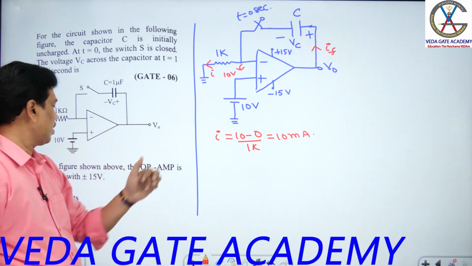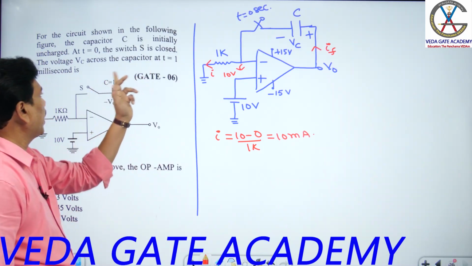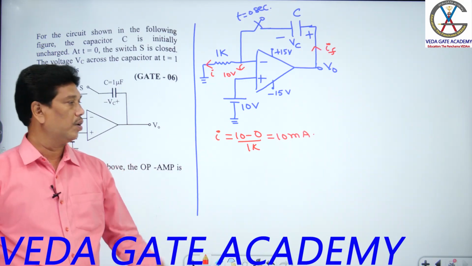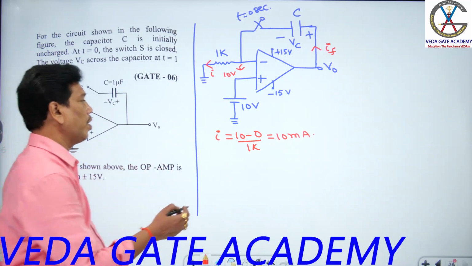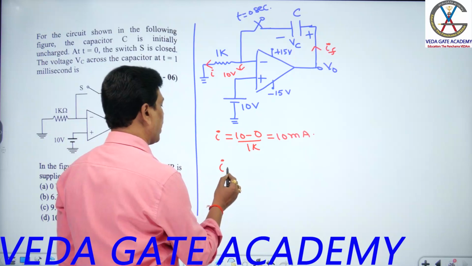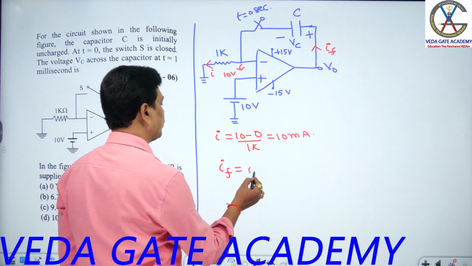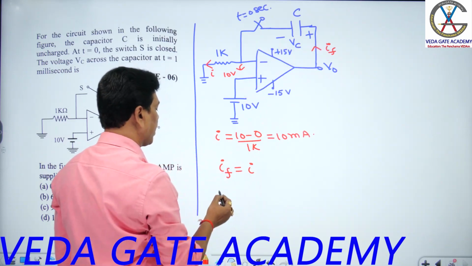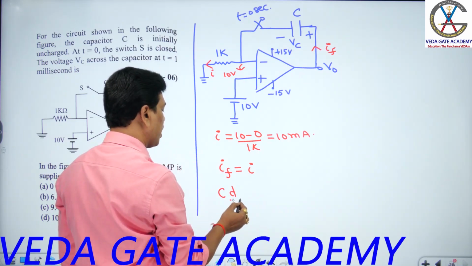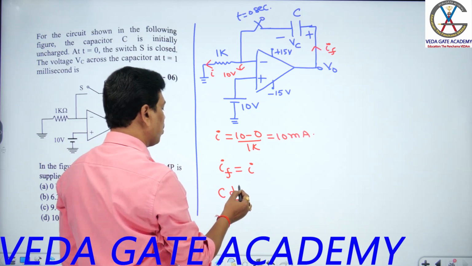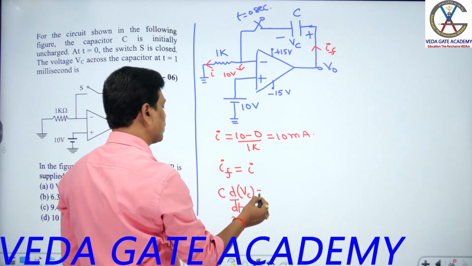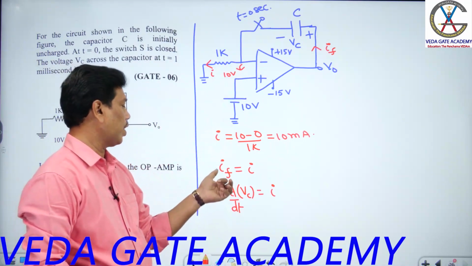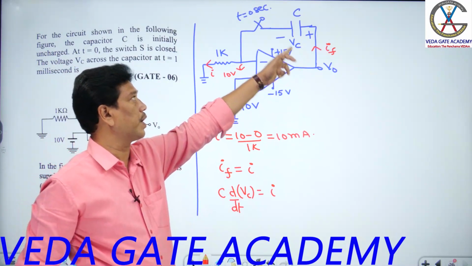What I require is Vc, the voltage of the capacitor at t equal to 1 millisecond. Now you see this: IF equal to I. IF is the current in this capacitor.